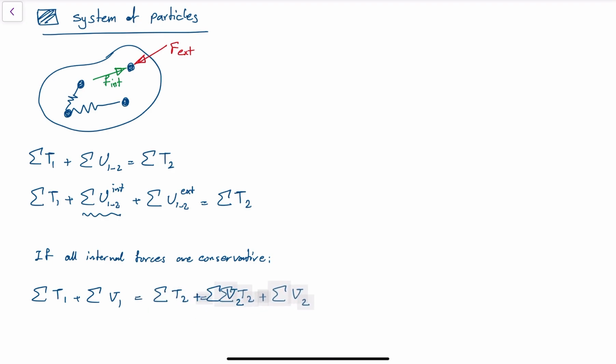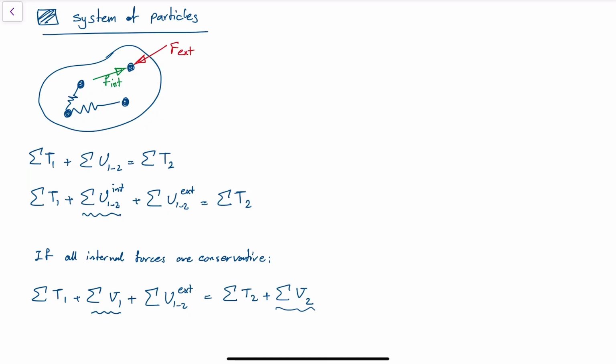So if you start with some total mechanical energy of the entire system, let's add all the external works, that should give you the total mechanical energy at a later time. So in that case, if you notice, the difference of these two gives me the change in the internal potential energy of the system.